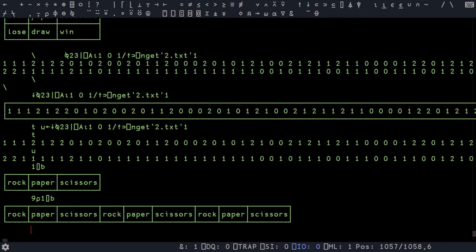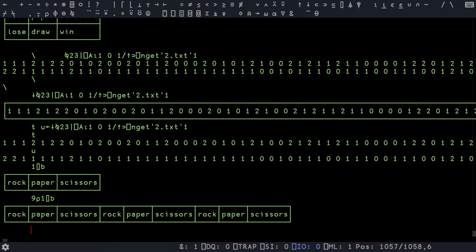So let's say that we throw rock. What are the possible values that the elves can throw? Well, they can throw rock, paper, or scissors. They have 3 choices. If they throw rock, then that's easy. We know that it's a draw. If they throw scissors, then we win.